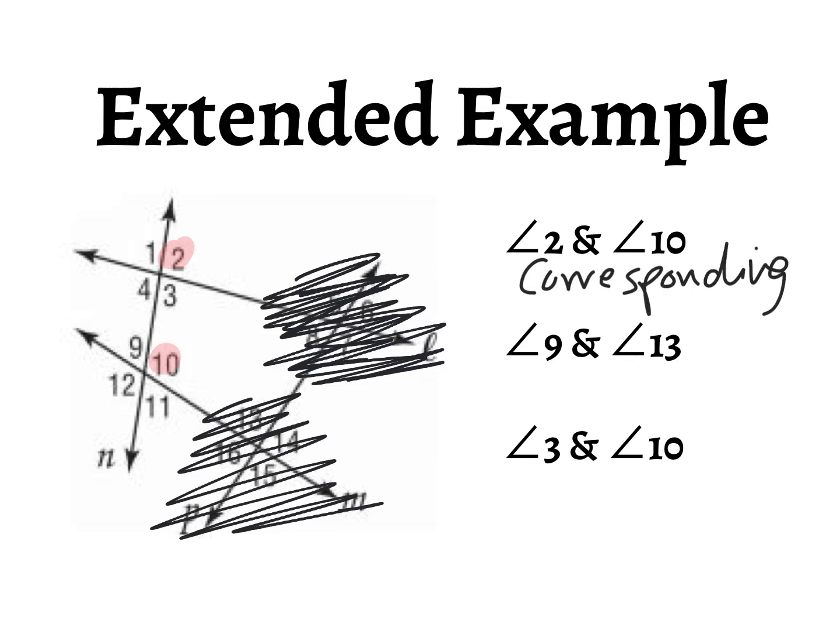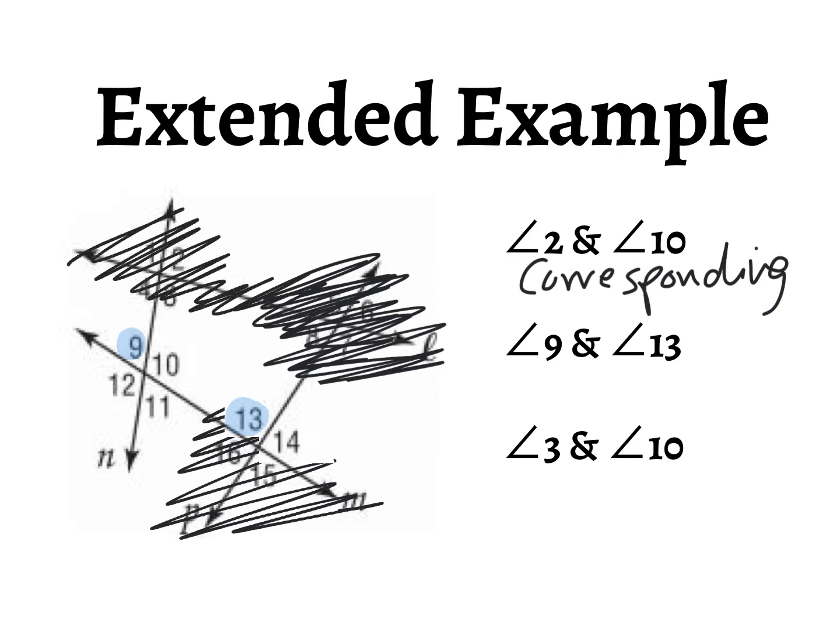Nine and 13. Well, let's erase some stuff here that we're not using. Now 13 comes into the picture. So I have 9 and 13. Now I'm not using these angles on the top.